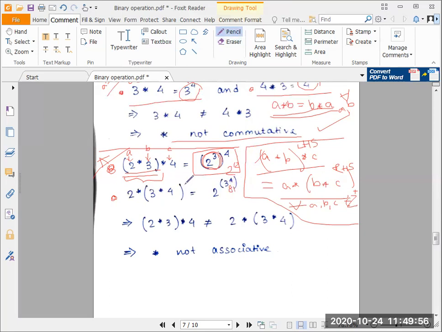Undoubtedly these two are not the same. So what I see is (2 star 3) star 4 is not the same as 2 star (3 star 4). So this does not hold for all values of A, B, C belonging to the set of positive integers under consideration. Again, we find a particular value of A, B, C for which the situation does not hold, which essentially means that my binary operation under consideration is not associative.